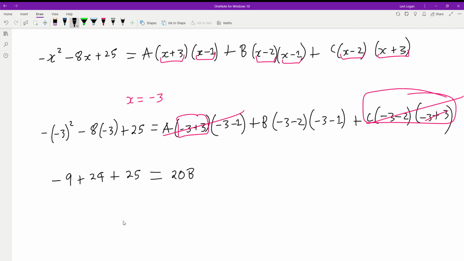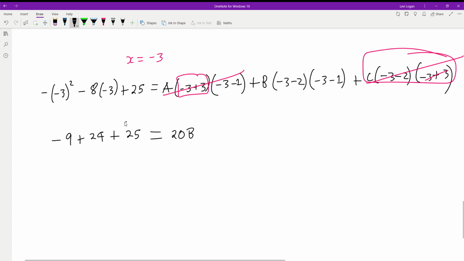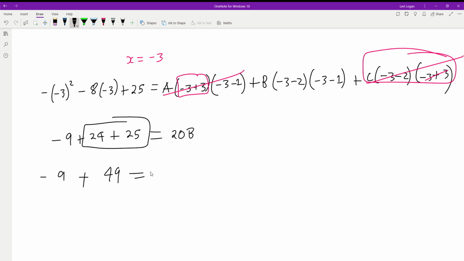Basic math. Okay, so if I add those guys together, I'm going to get 49 minus 9, plus -9 equals 20b. So I'm going to have 40 equals 20b. I nearly couldn't do basic maths for a second. So if I divide both sides by 20, your b is going to be 2.